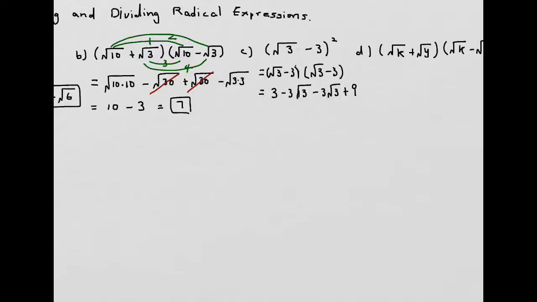When you combine the like terms, it looks like you're going to have 3 and 9 as the like terms. That gives you 12. And then you have negative 3 square root of 3 with negative 3 square root of 3 as the like terms. So you get negative 6 square root of 3.